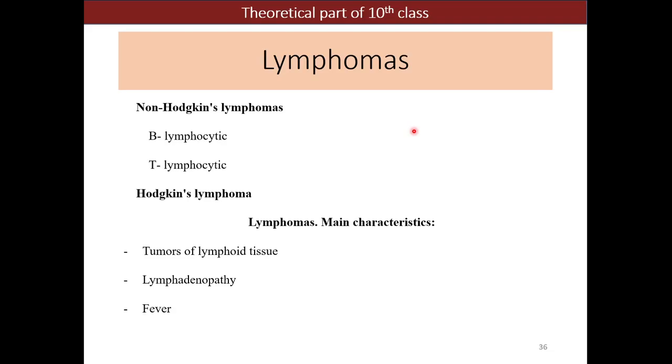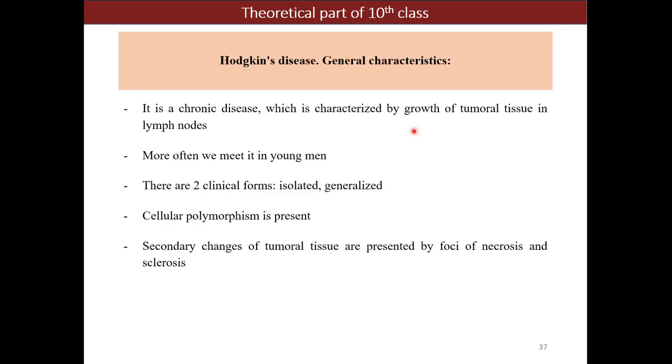Lymphomas divide into two groups: Hodgkin's and non-Hodgkin's lymphoma. Non-Hodgkin's lymphoma includes T and B lymphocytic lymphomas. The main characteristics of lymphoma are tumor in lymphoid tissue, lymphadenopathy, and we may see fever in the clinical features of this disease.